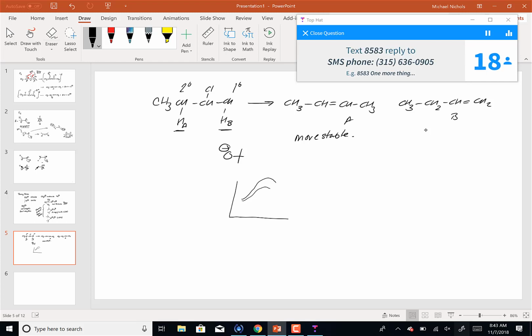HA being secondary and HB being primary. Which one is going to have the lowest transition state energy? And then we'll label these two transition states.